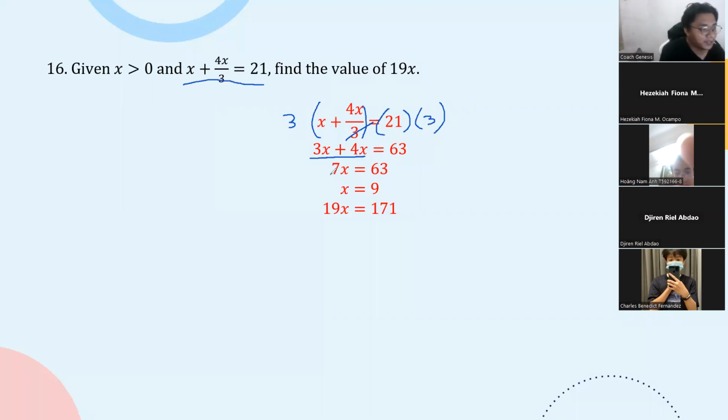Simplify 3x plus 4x, that will be 7x is equal to 63. And then we divide both sides by 7. That will give you x is equal to 9. And then you just substitute x is equal to 9 to 19x. So that will be 19x is equal to 19 times 9, which will give you 171. That is number 16.